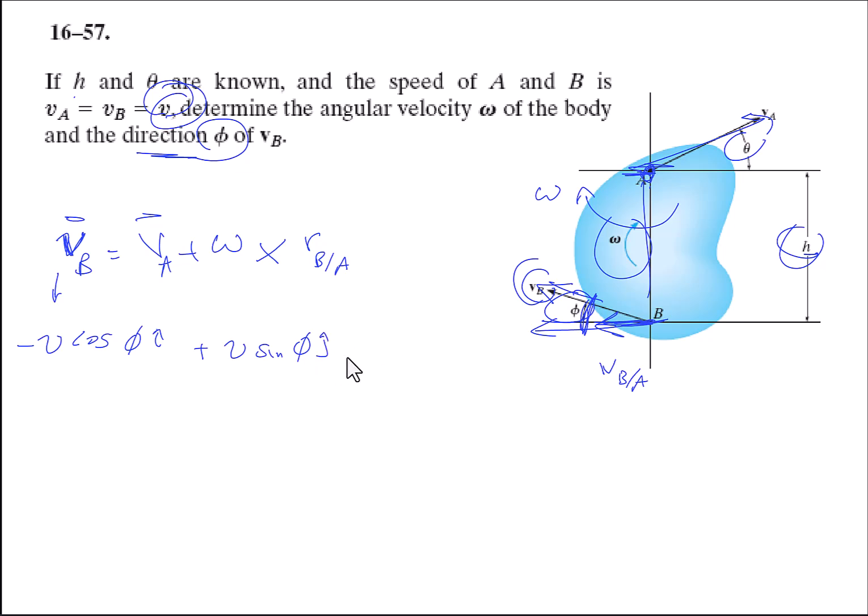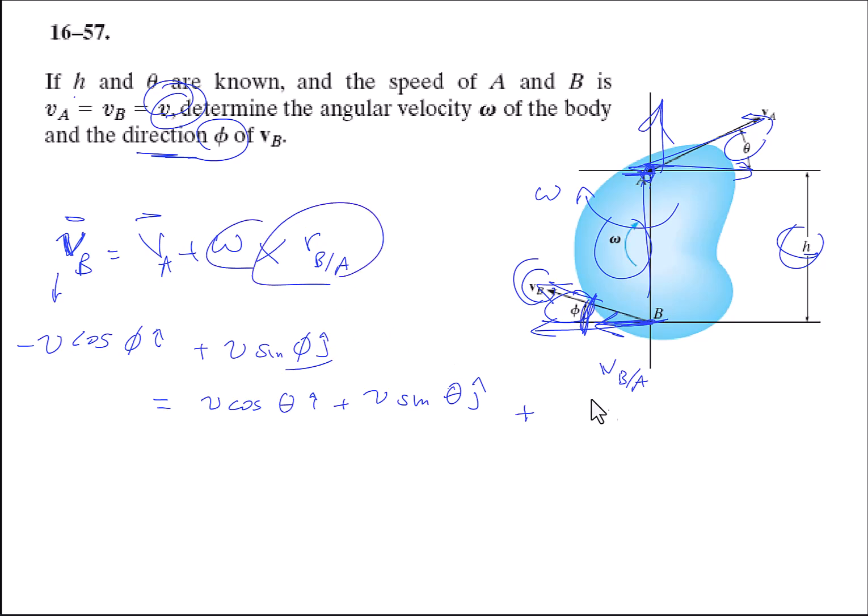And this is equal to v cosine theta in the I direction plus v sine theta in the j direction, after resolving these into these two components, plus the relative position crossed with this.